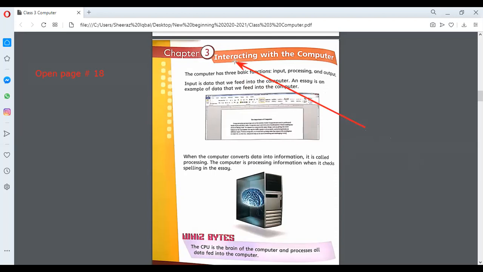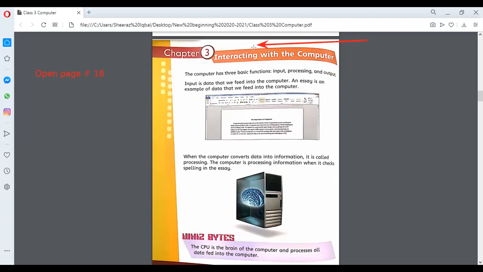Interacting means communication. Interact means to talk. When you talk with someone else, you are doing communication. So interacting means to talk.